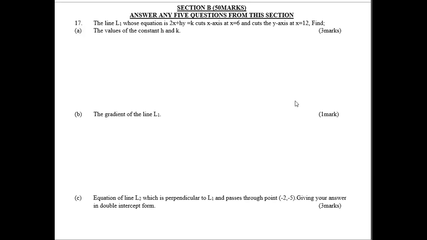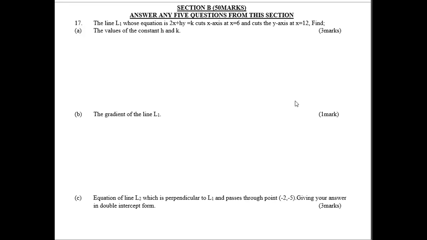We started by answering part B. Once we've agreed that the gradient is -2, the examiner wants the values of constants h and k in the equation. Now, we want to form an equation, and I want us to take one of the points, either 6, 0 or 0, 12, any of them, and the general point xy.